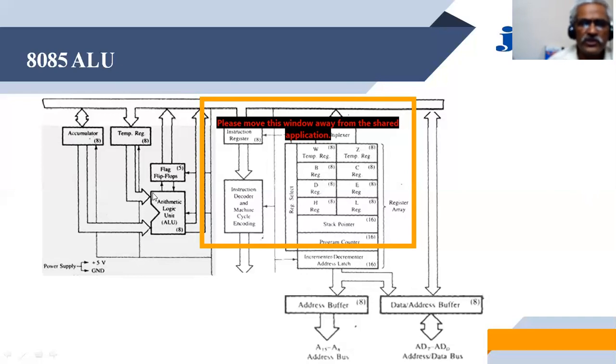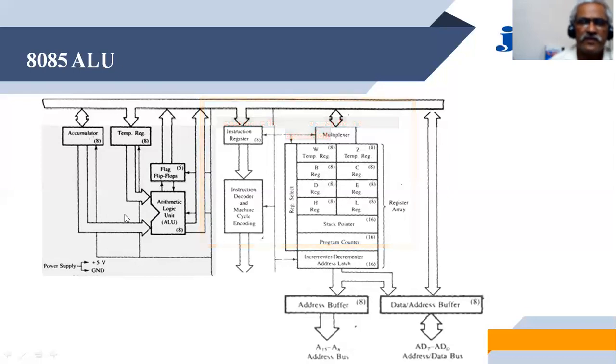So while the execution is going on, depending upon the type of operation, there could be certain status flags set by the ALU. And these flags will indicate what the ALU has done.